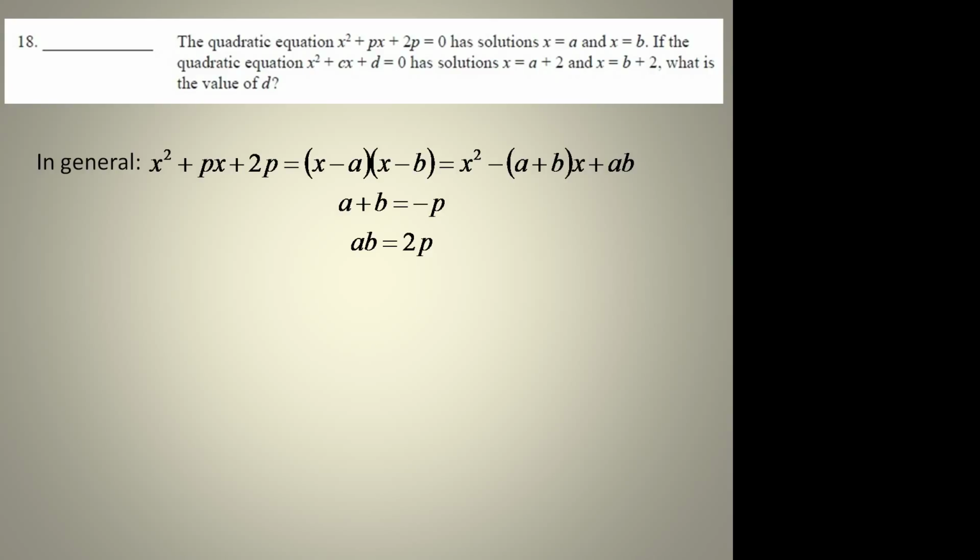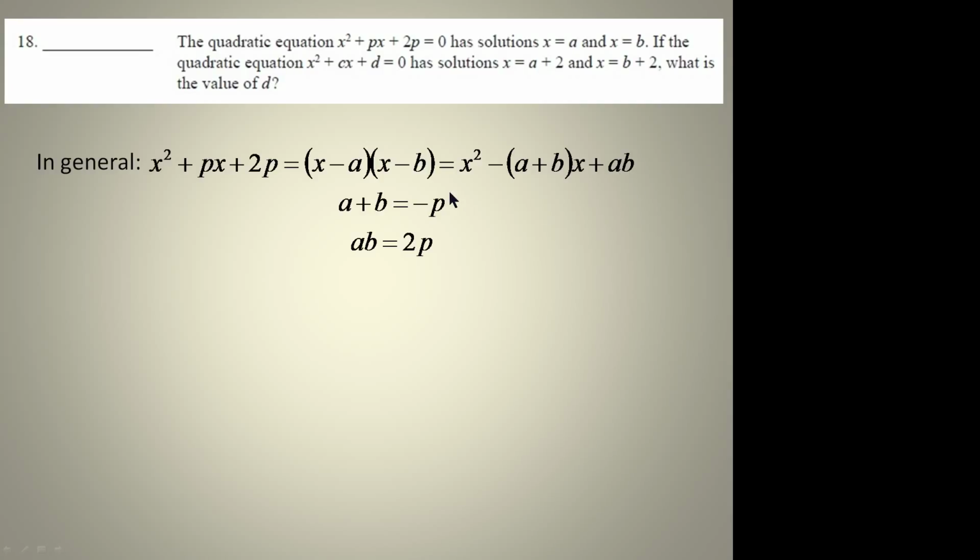So you have two solutions here. But if you multiply this out, it's x squared, x times x, okay, minus ax, then minus bx. So you will combine together, you get minus a plus b times x. Then minus times minus is plus, so you get plus a times b.